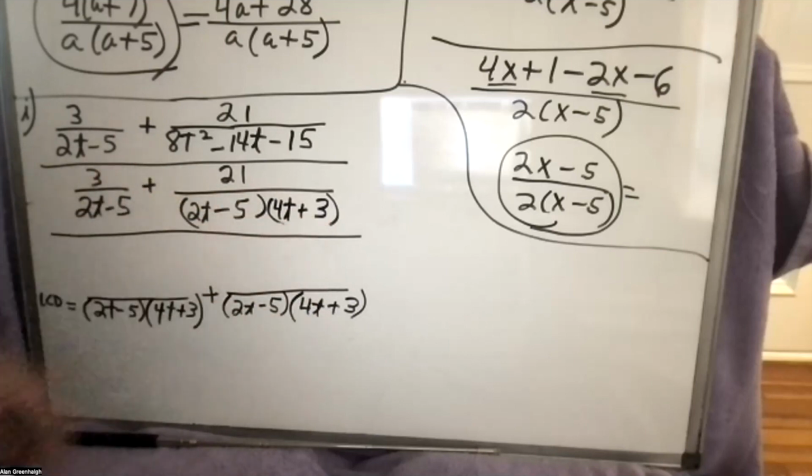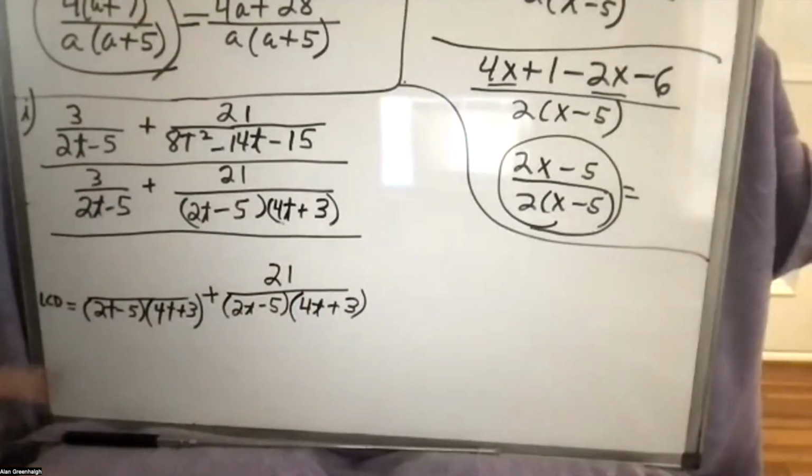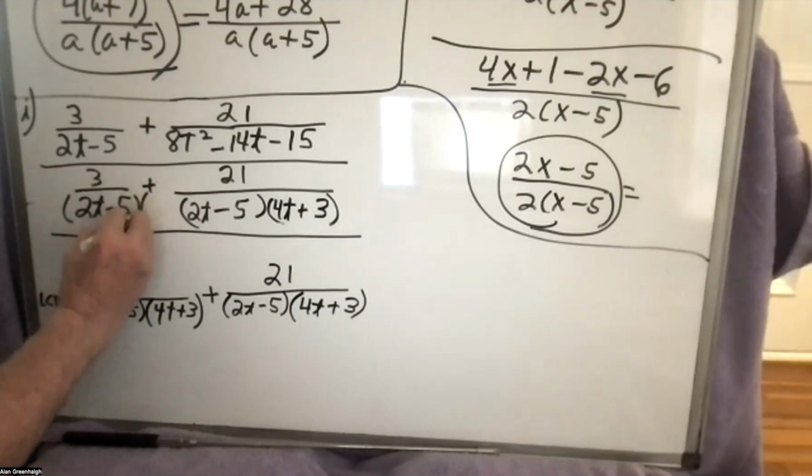Now, this is the same, so we can keep the 21 there. But this, to get from here to here, we have to multiply by 4t minus 3.